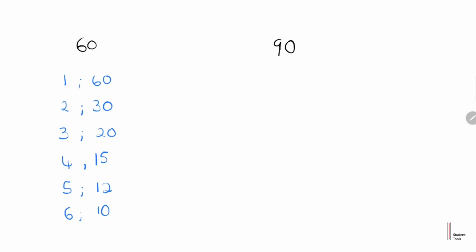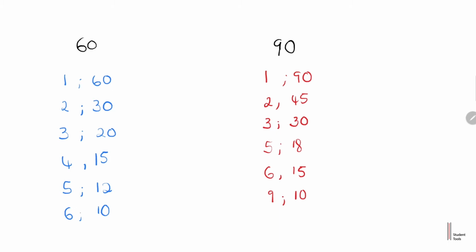Next, we will have to find the factors of 90. Factors of 90, we have obviously 1 and 90, 2 and 45, 3 and 30, 5 and 18, 6 and 15, and then 9 and 10.